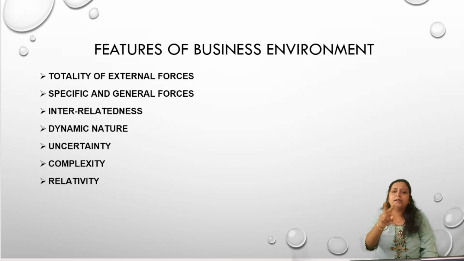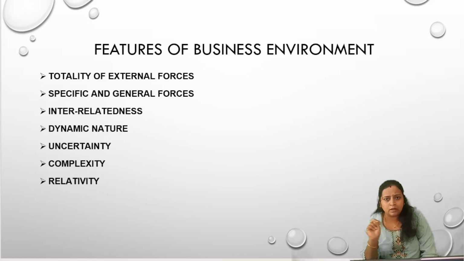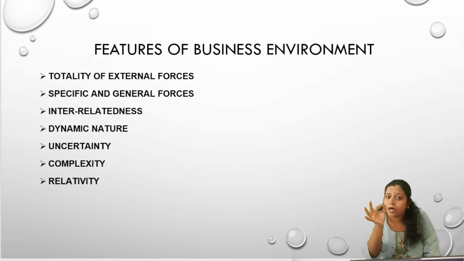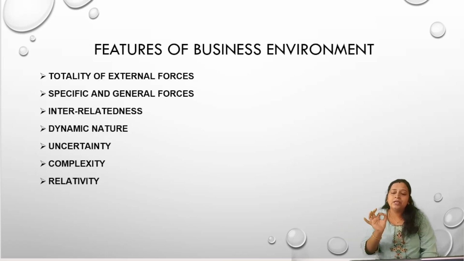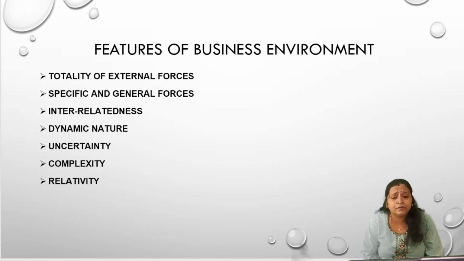Interrelatedness. Interrelated in the sense each element in your business environment, or each part of your business environment, is interrelated to each other. So each one is related to another one. For example, if the consumers are showing more interest or more precaution for their health or their lifestyles, then there arises a need or demand for healthcare products like fat-free cooking oil, sugar-free tablets, health resorts, or going for organic products.